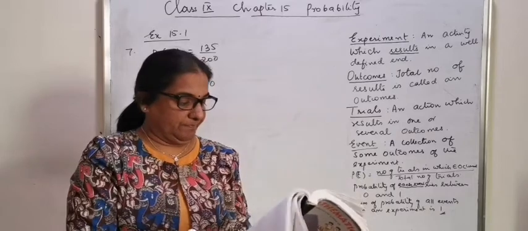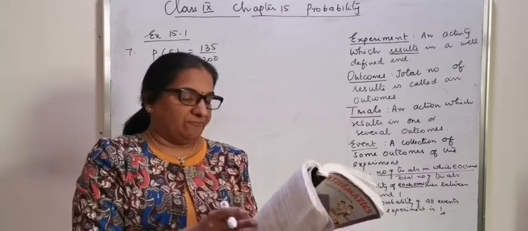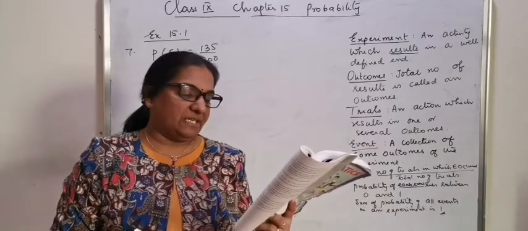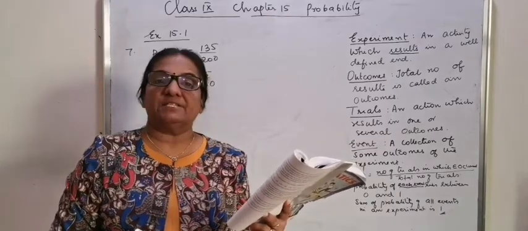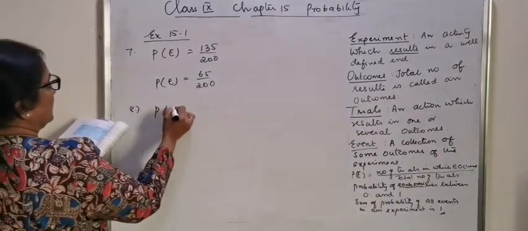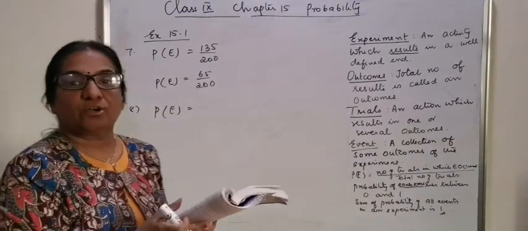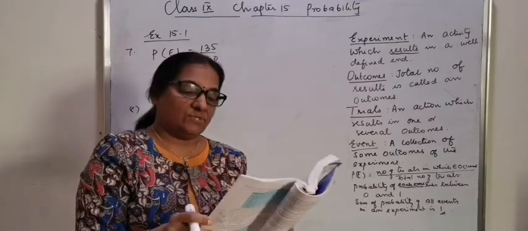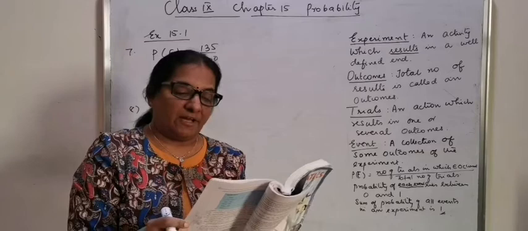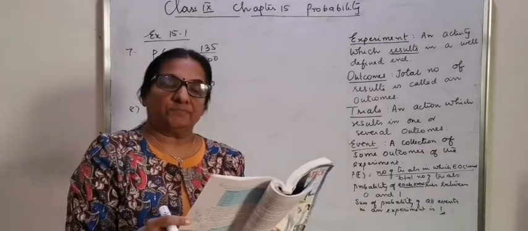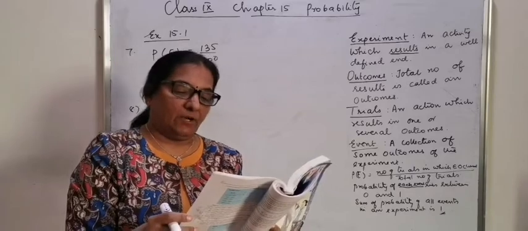What is the empirical probability that an engineer lives less than 7 km from her place of work? So the probability of that event, less than 7 km, means how many engineers would like to stay less than 7 km.